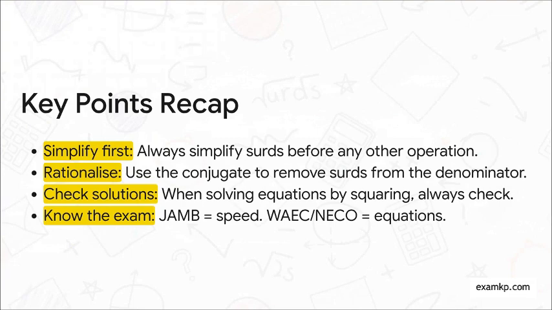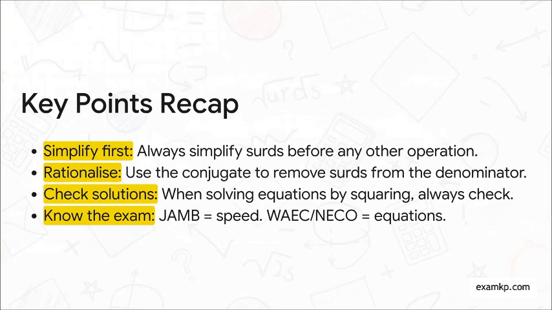The moment you see a surd in the denominator, your brain should immediately scream rationalize with the conjugate. And 3. Know your exam. JAMB loves speed, so look for those clever shortcuts. WAEC and NECO might give you slightly longer multi-step problems. Be ready for both.